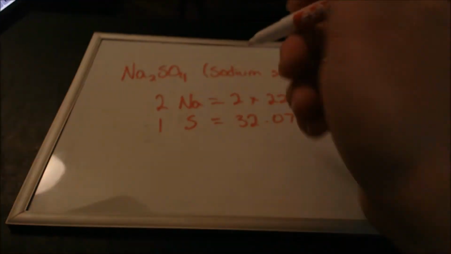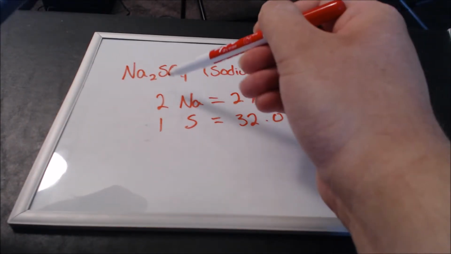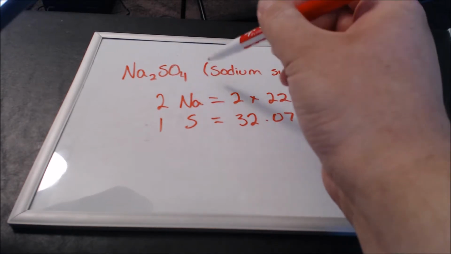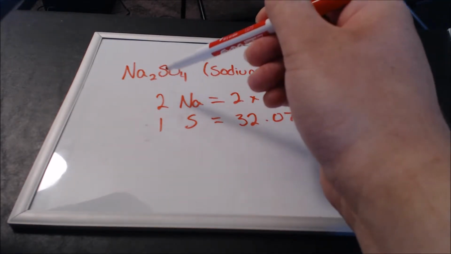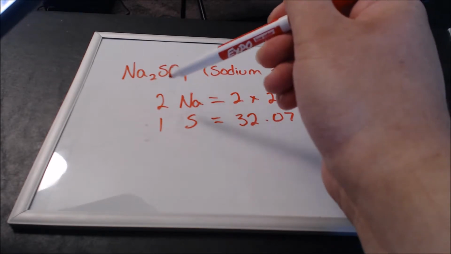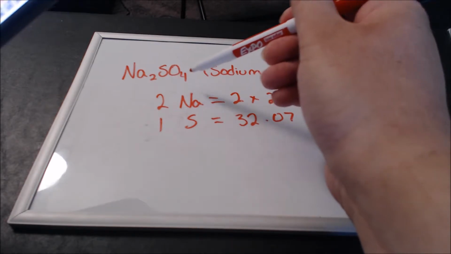And then we have 4 oxygens, it looks like. So let's look at this again. This S and this O are separate because sulfur is one element or atom, and oxygen is a different atom. Now, if this oxygen was lowercase and it was capital S lowercase o, then they'd be the same atom.